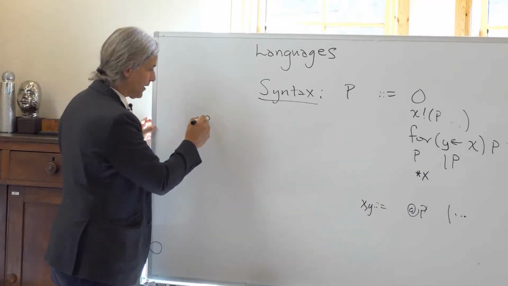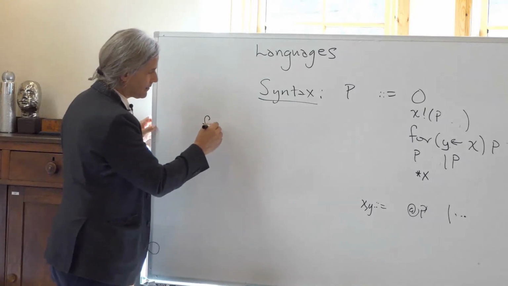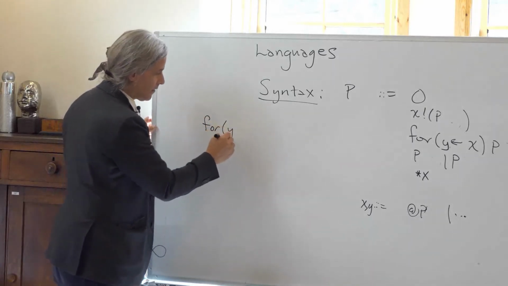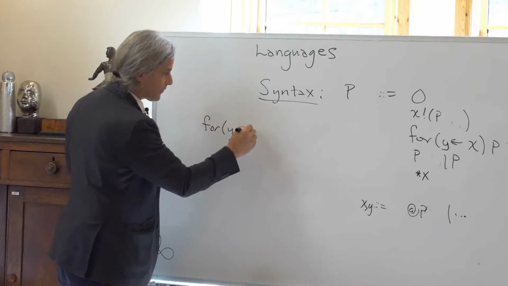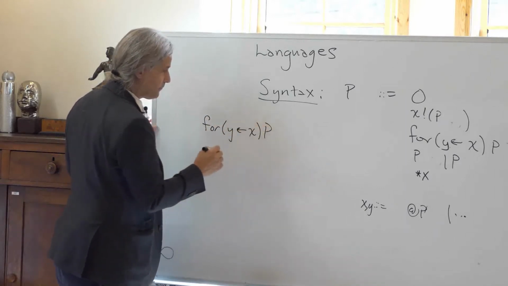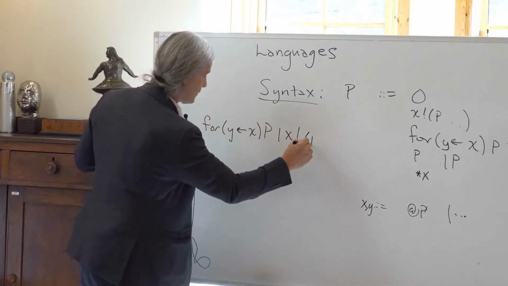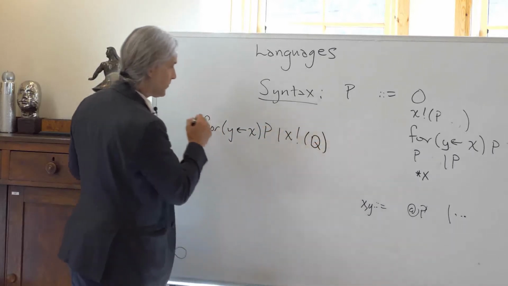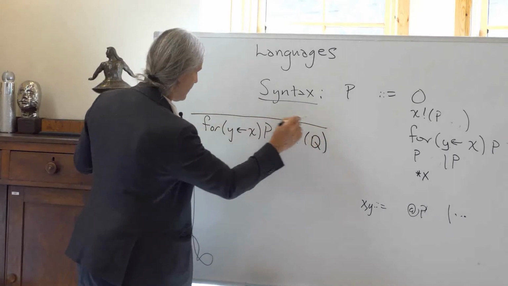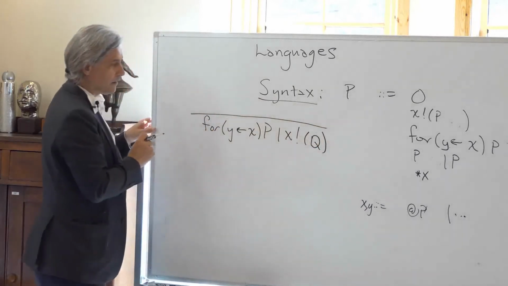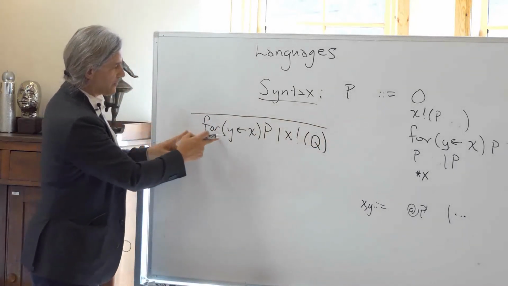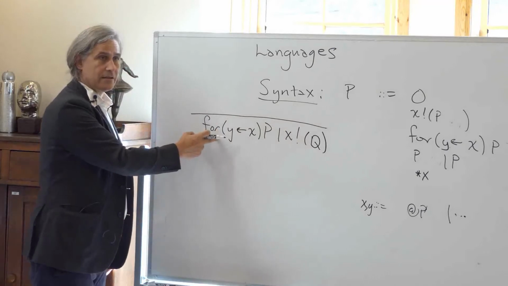So what we want to say, and in deference to Robin, I tend to do it this way. And the reason is because this is like the generalization of abstraction.